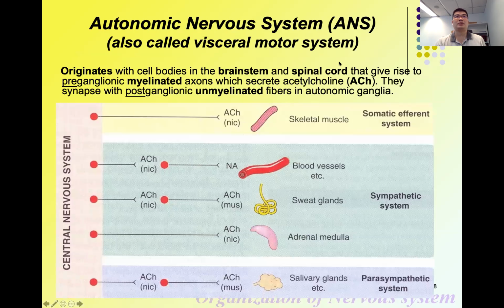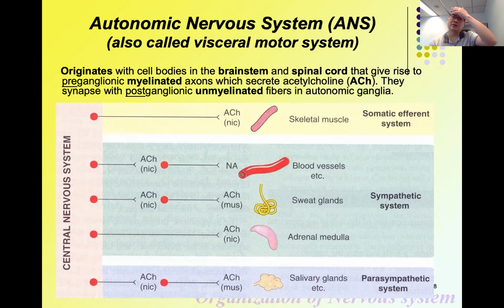Now we're going to the autonomic nervous system, also called the visceral motor system. You can see that it controls a lot of different things. It originates with cell bodies in the brainstem and spinal cord, and gives rise to preganglionic myelinated axons that secrete acetylcholine, and unmyelinated ones as well, the postganglionic sympathetic system.